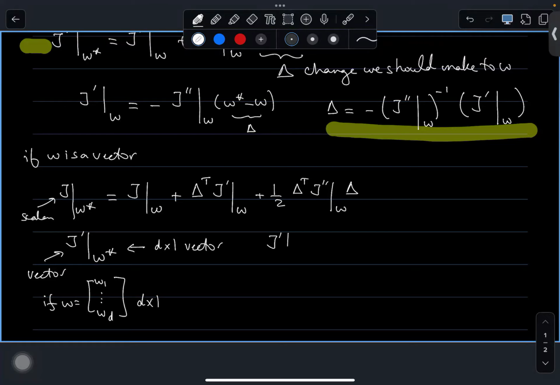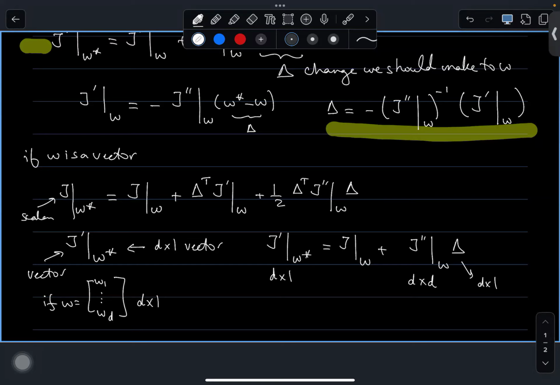The first derivative of J with respect to W evaluated at W star, that's a D by 1 vector, is equal to J' evaluated at W plus, now I have the second derivative, J double prime evaluated at W. The second derivative is going to be a D by D matrix, and what I want is a D by 1 vector, so this is getting multiplied by delta, which is the size of W, a D by 1.